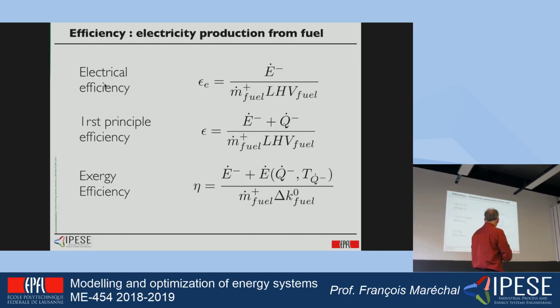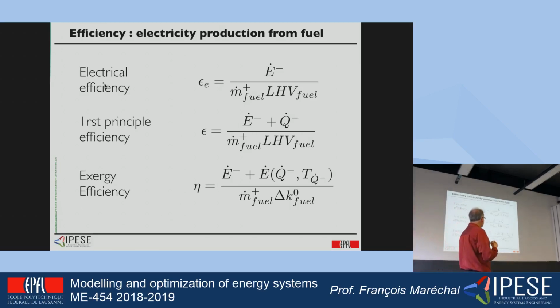Then you make the sum, and then you divide by the exergy value of the fuel. The exergy value of the fuel can be found in tables. It's not far from the lower heating value, a little bit higher, but it is expressing the quality of the fuel. Okay, so three types of efficiencies.